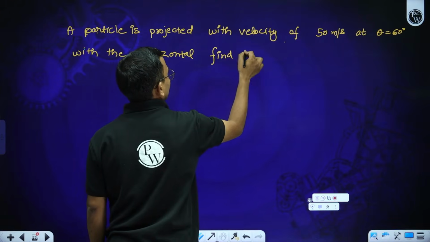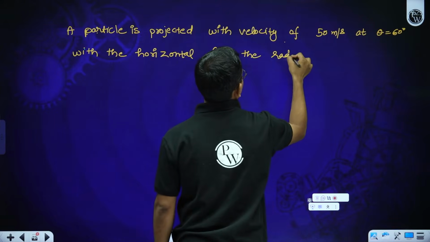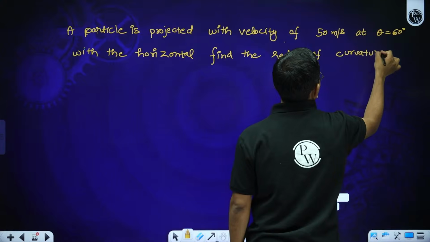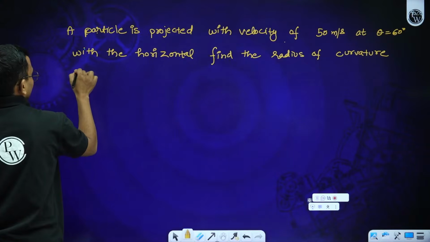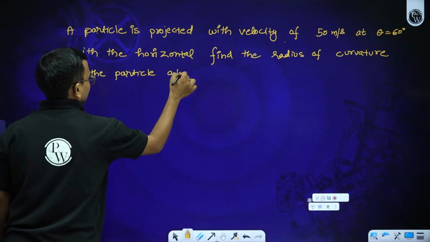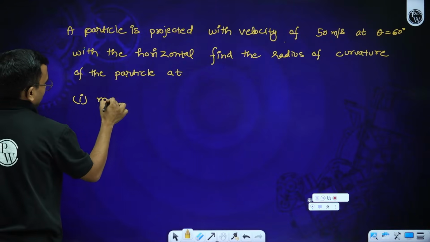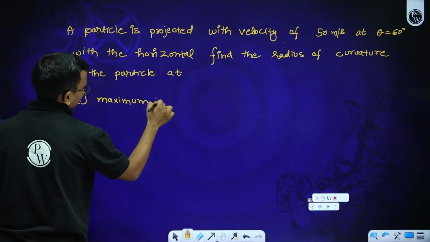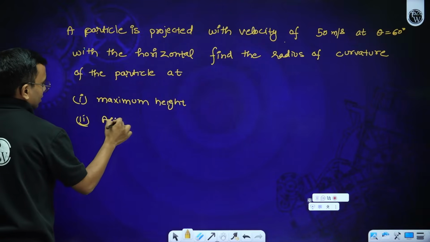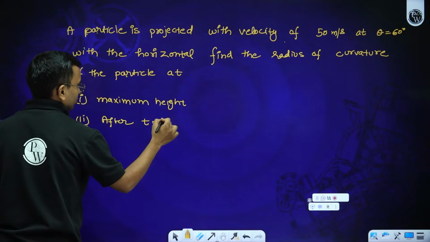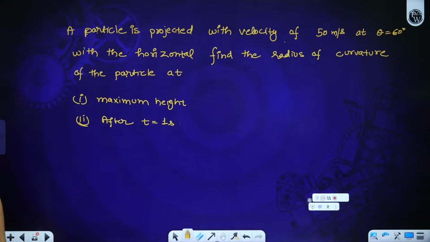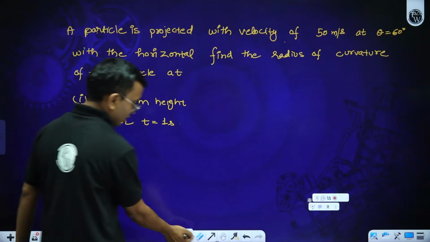Find the radius of curvature of the particle, first at maximum height, second after t equals 1 second from projecting the particle. You can attempt these two questions.